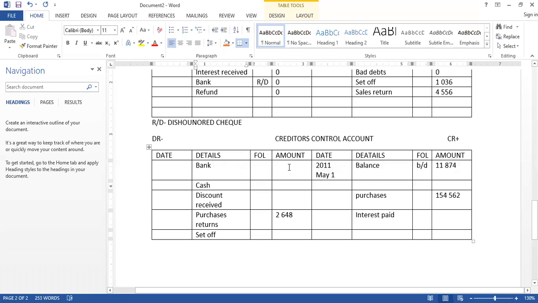In this case, they were divided. You are told the checks paid to suppliers were 146,100, and then the petty cash paid to suppliers was 78, and this is petty cash.